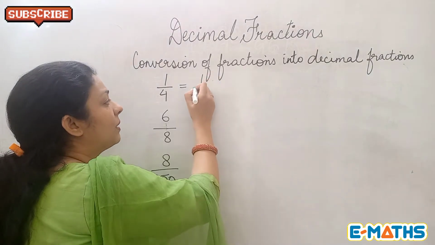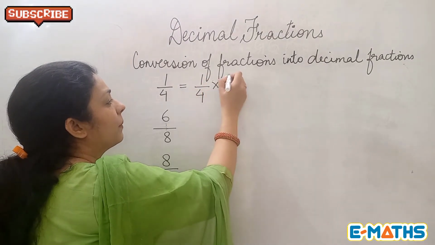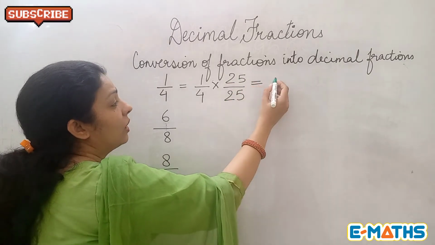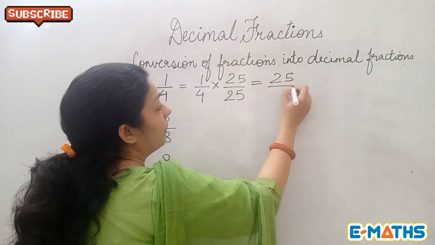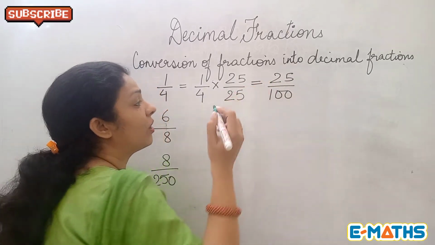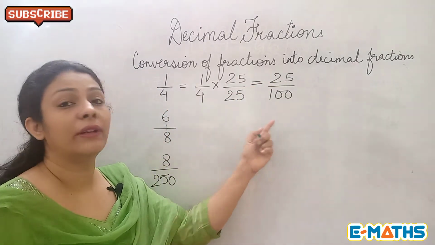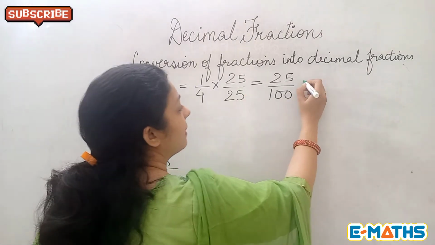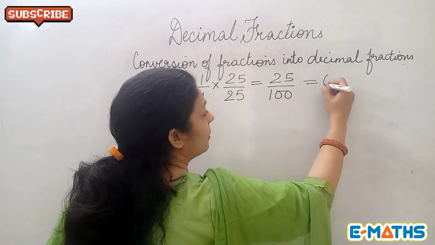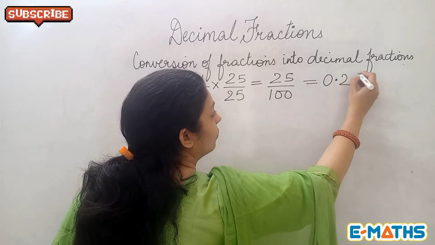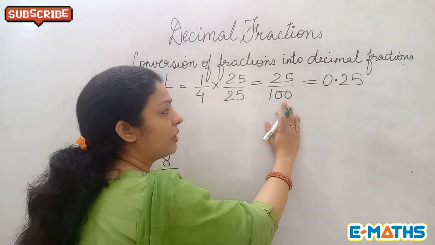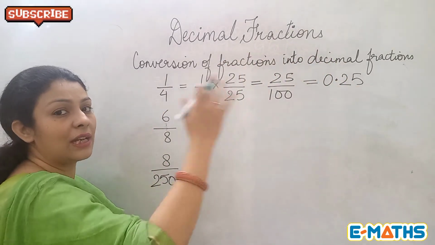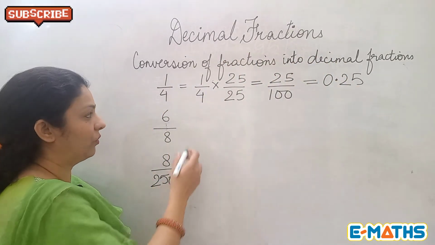So we are going to multiply this 1 upon 4 by 25 upon 25 in order to get a denominator as 10 or higher power of 10. So 100 is a higher power of 10. Now this can be easily written as decimals, which is going to be 0.25. Just by counting the zeros, you can put up the decimal in the answer. That's how we have got 0.25.